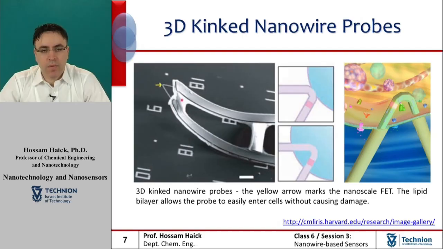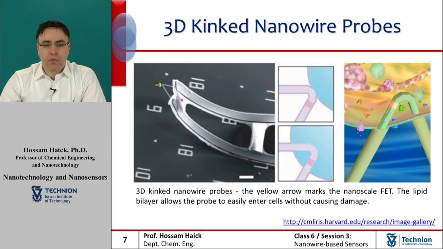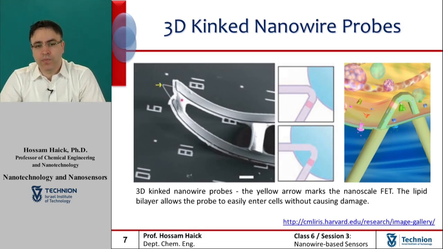A promising silicon nanowire-based sensor for in vivo or cellular applications was recently developed and tested. Researchers have demonstrated that kinked nanowire structures, in which the active field effect transistor channels are encoded at or close to the kink tip, can be synthesized in a straightforward and high-yield manner.